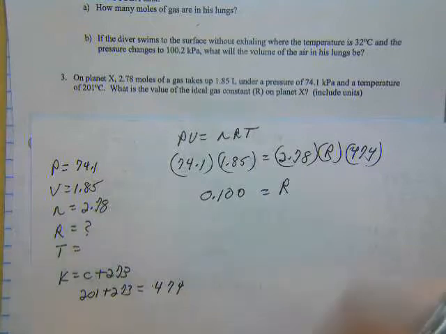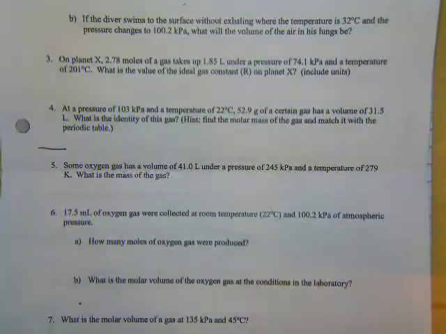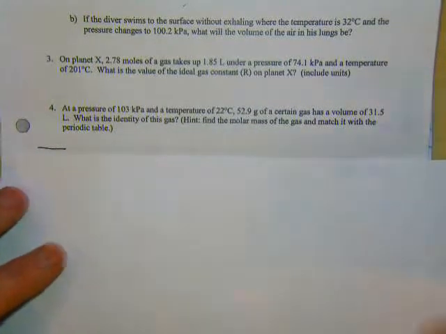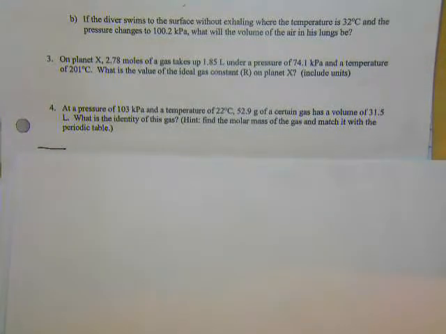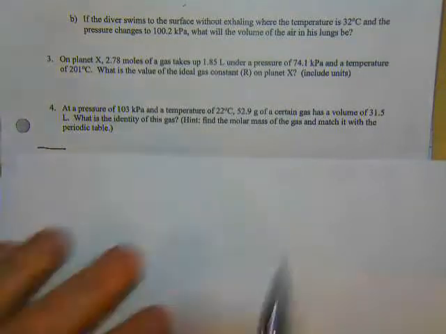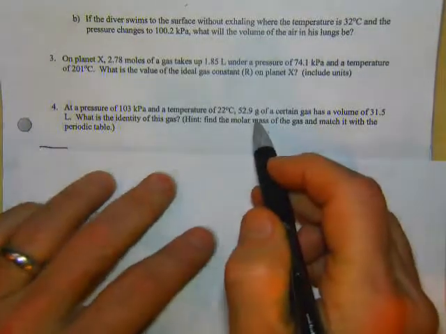Alright, that's problem 3. Let's look at problem number 4. At a pressure of 103 kilopascals and temperature 22°C, 52.9 grams of a certain gas has a volume of 31.5. What's the identity of this gas? Well, right away we've got something in grams.